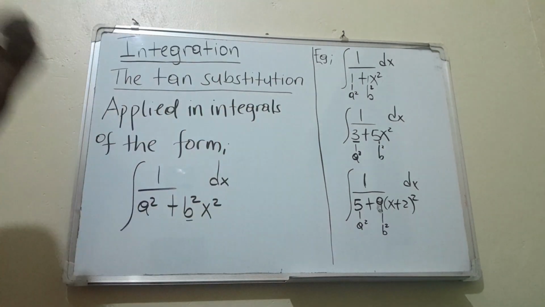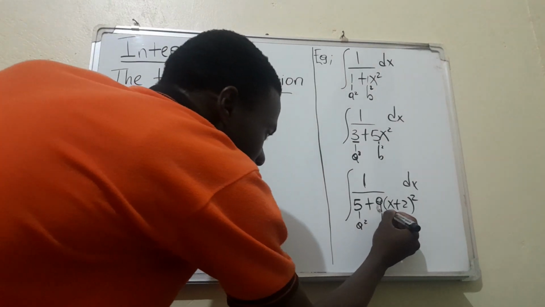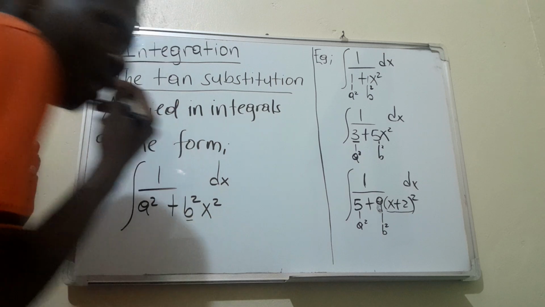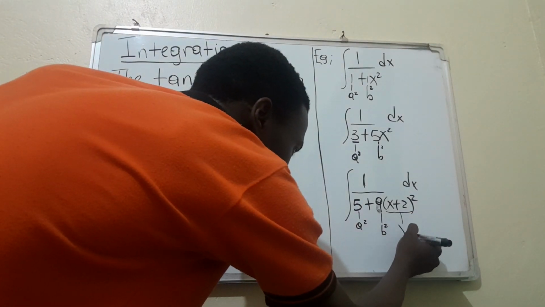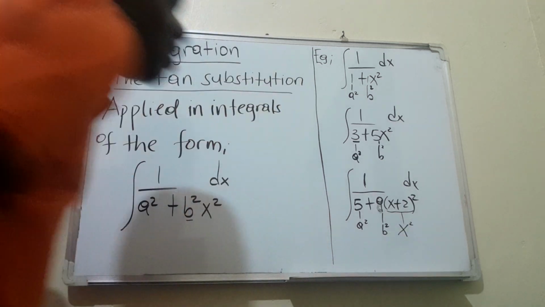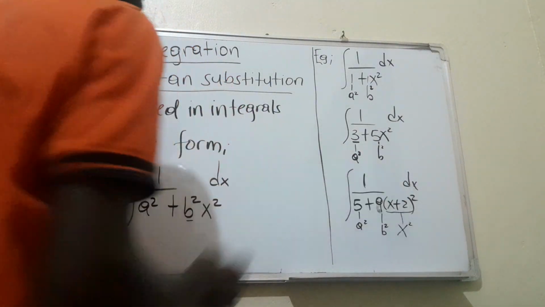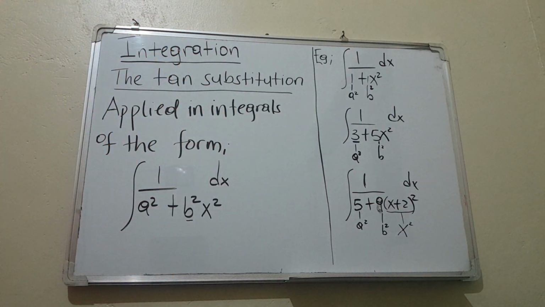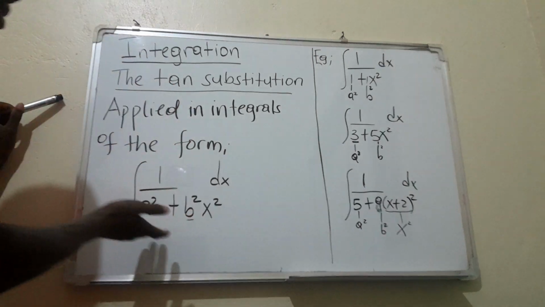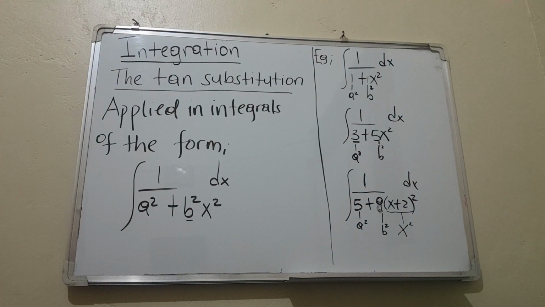Then the term x plus 2 is standing for capital X, so we shall have capital X squared. So this integral is also in this form, and to evaluate it you need to employ tan substitution.